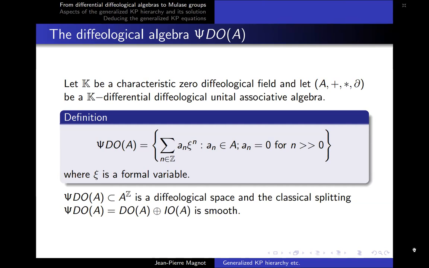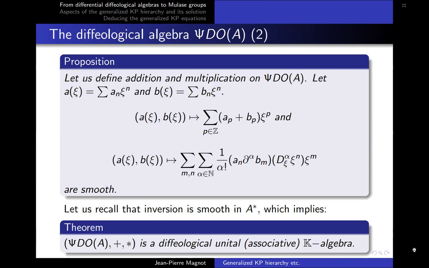Then after we define addition and multiplication, and the point is that we have assumed that the differentiation is smooth in A. So the formulas are smooth too. So you see here that what is encoded in the diffeologies is simply that the coefficients of the pseudo-differential operators are smooth. That's all. Depends smoothly on some parameters.